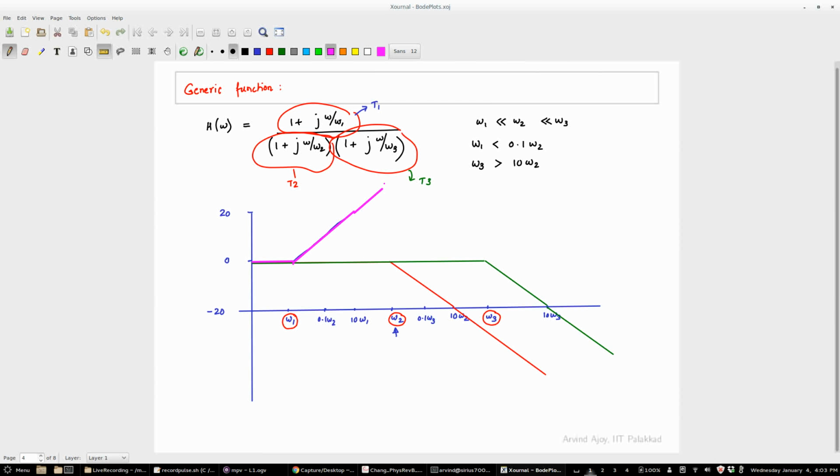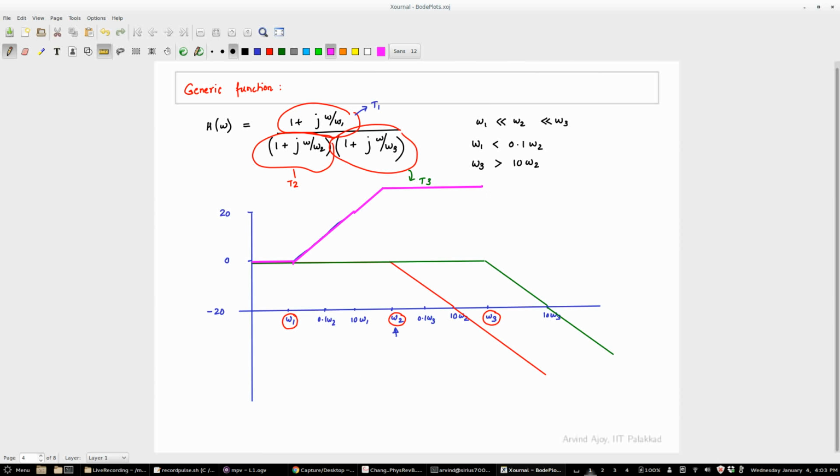You will follow this all the way until omega 2.